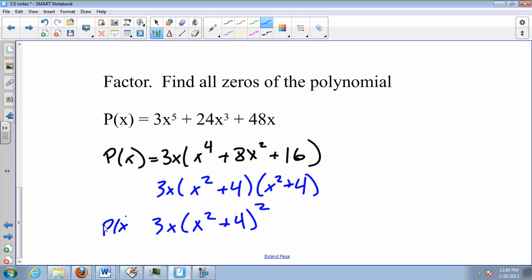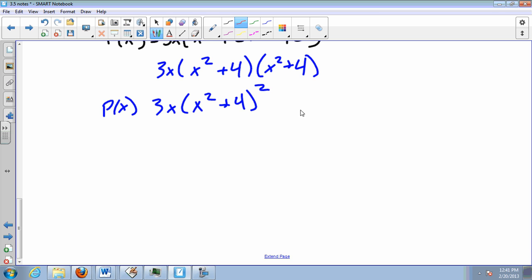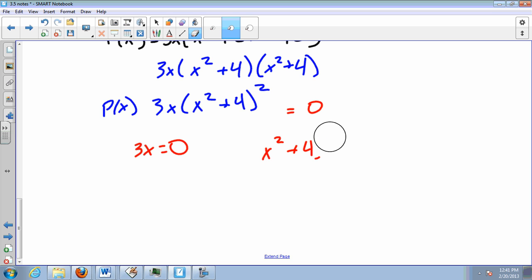This is factored. But now since we want to find the zeros, we set each factor equal to 0. So 3x equals 0, x squared plus 4 equals 0.